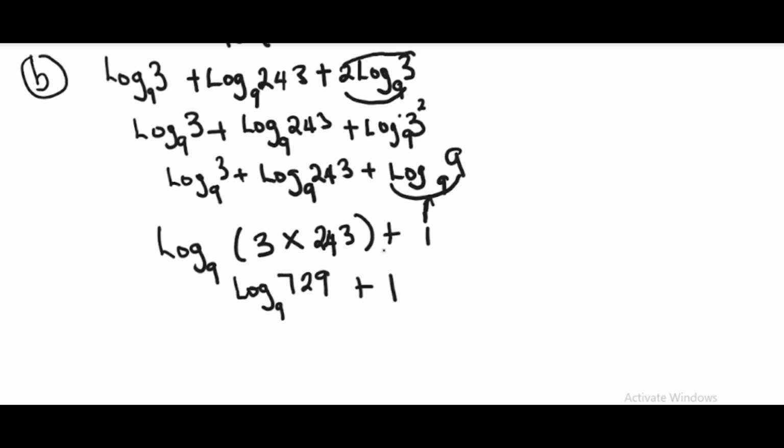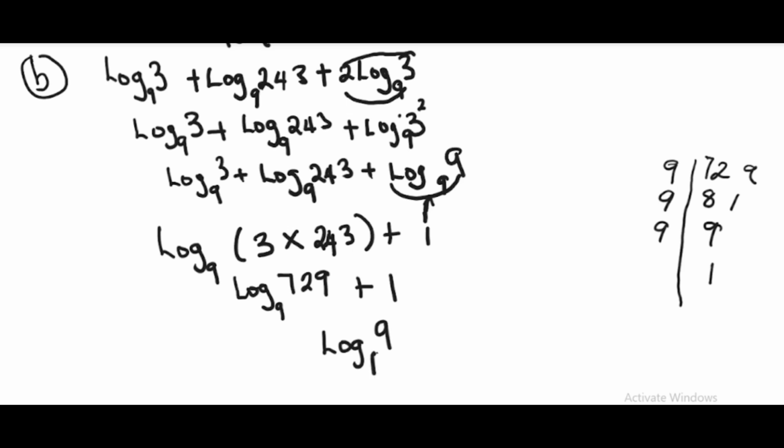Now this 729 is looking big, it's huge. But let me see if it's a multiple. 9 here will give us 81. 9 into 81 will give us 9. 9 into 9 will give us 1. So this would become the log of 9 in base 9 to the power of 3, plus 1.